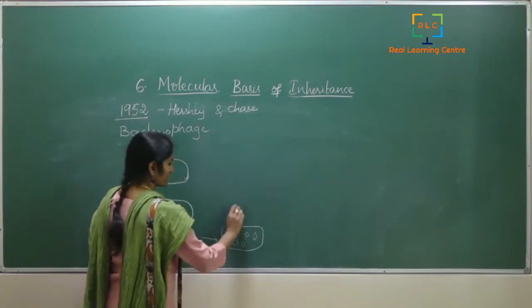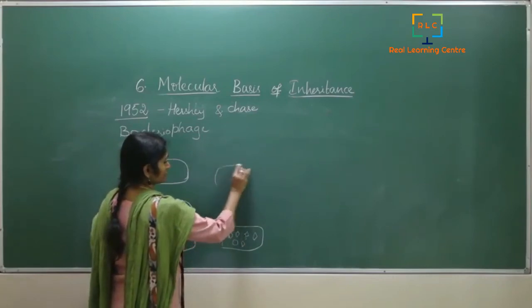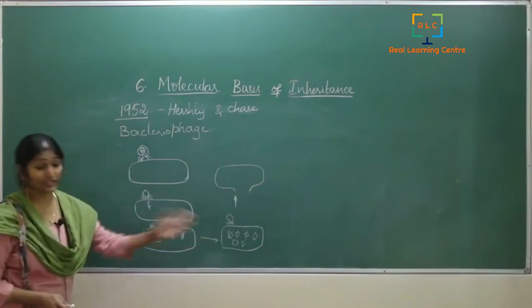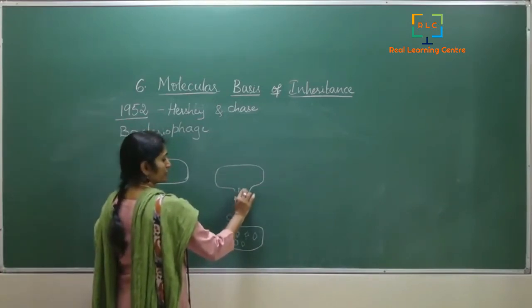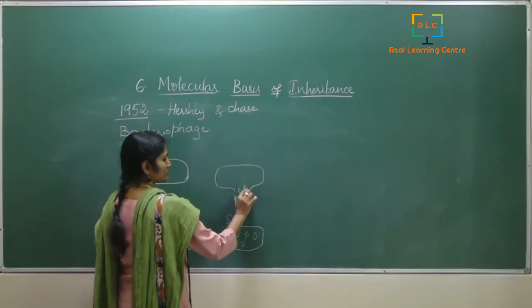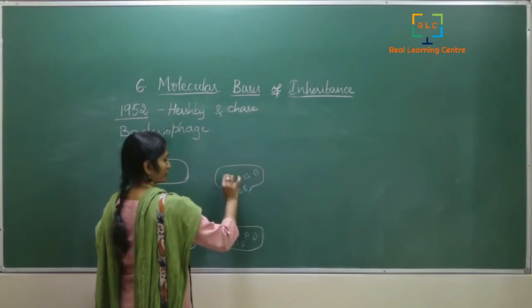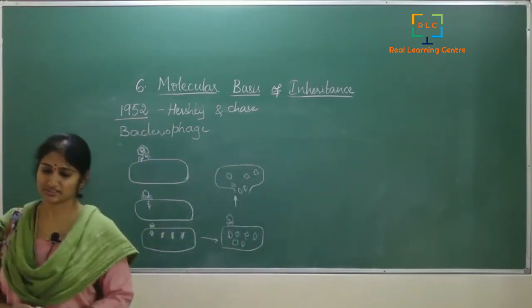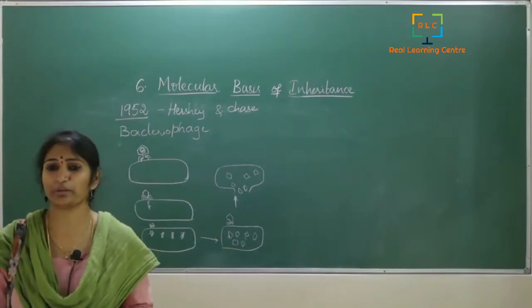From here, when the bacteria is weak and there are enough viruses inside the body, they break open the cell and the viruses are released. This is how it would happen. So basically this is how the bacteriophages infect bacteria.